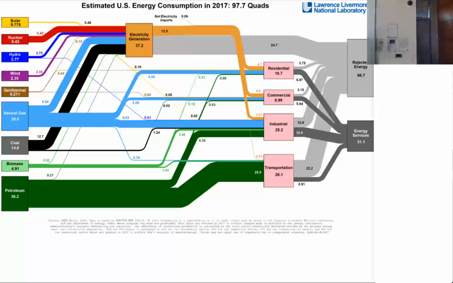also what we have is, in the final energy use, residential, commercial, industrial, transportation, a lot of energy is wasted in the sense that it does not serve any useful purpose.